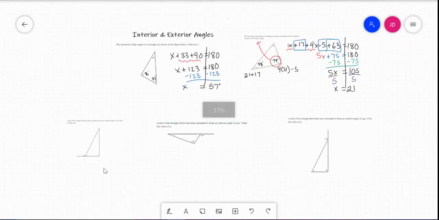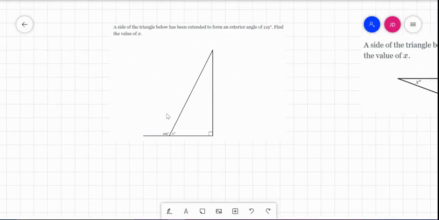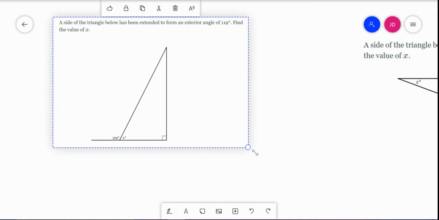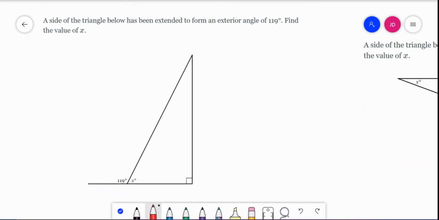So in this case, zoom in. Here we go. Make this a little bigger. This is an example of an exterior angle. The exterior angle is here because it is outside of the triangle. All right.